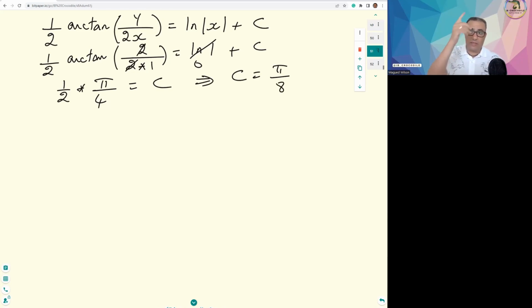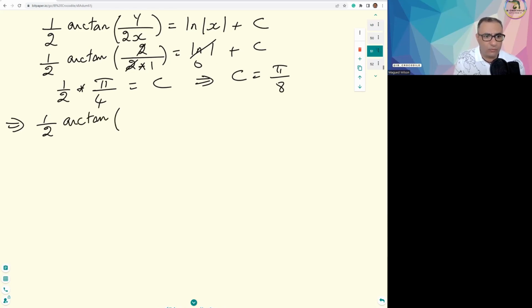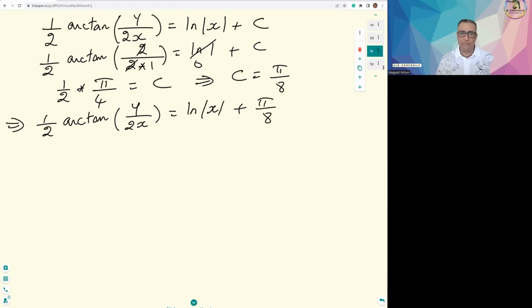Okay, now I can go back and substitute the constant. So now we have 1 over 2 arctan of y over 2x is equal to ln x plus pi over 8. Now this is called a particular solution.